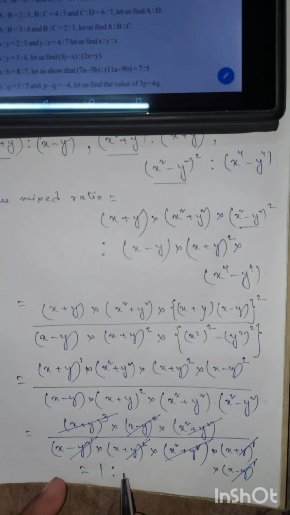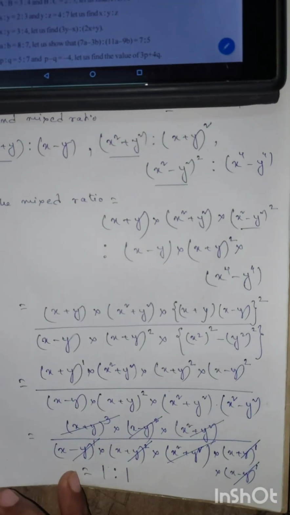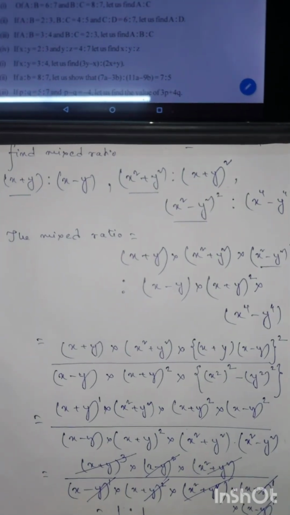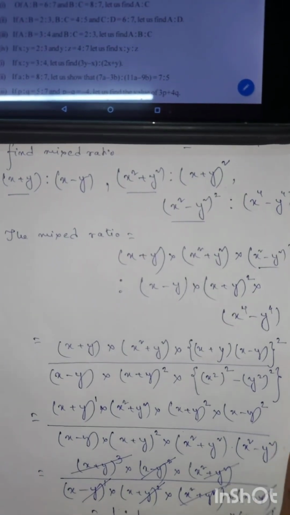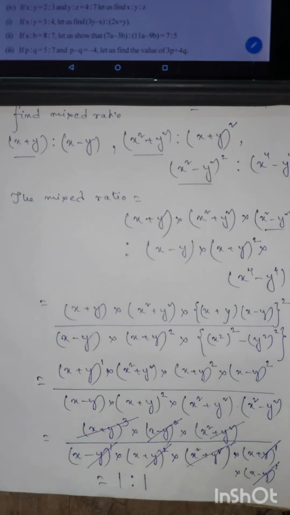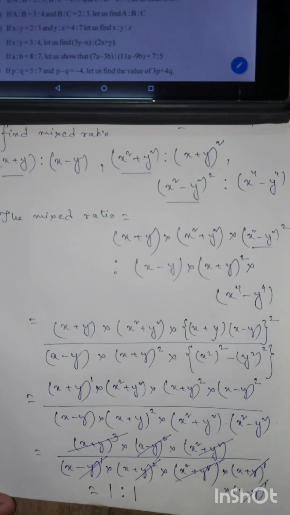So we are getting 1 is to 1. So 1 is to 1 is our mixed ratio. I hope you have understood it.